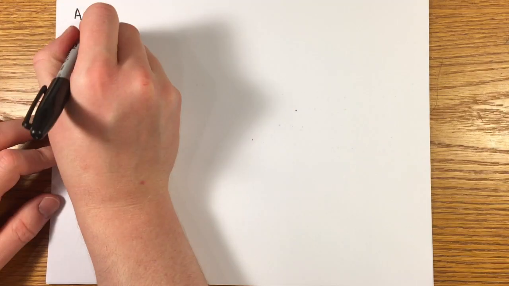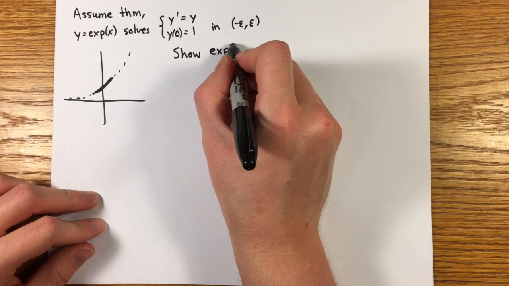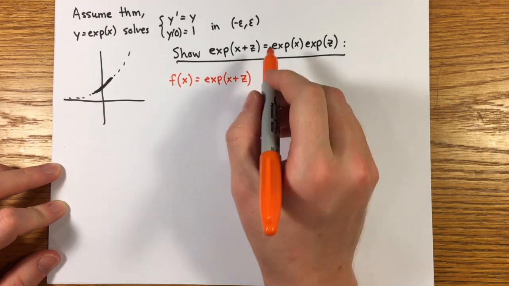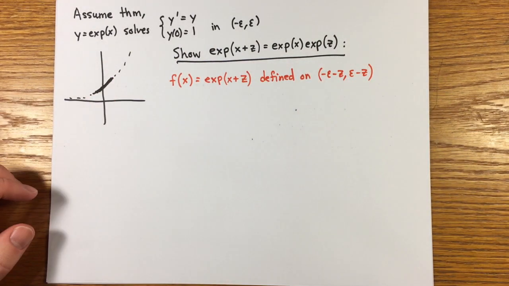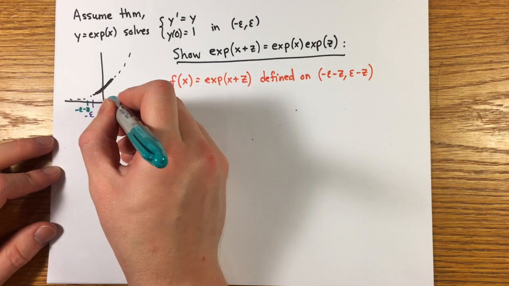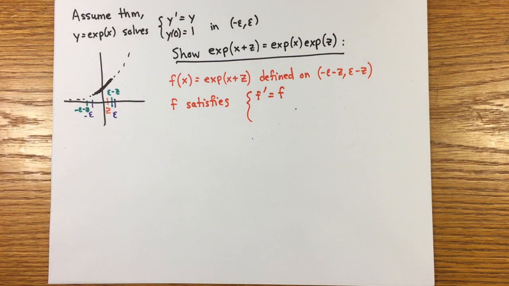All right, but if you were willing to accept that there is a unique differentiable solution to the equation, then you can get the additive-multiplicative property right from the equation as follows. If we shift by some amount z in the interval of definition and look at f(x) = exp(x + z), this function satisfies f' = f with f(0) = exp(z).